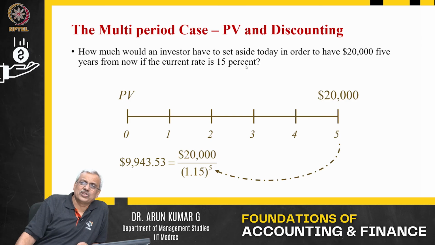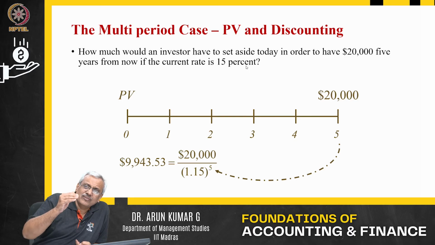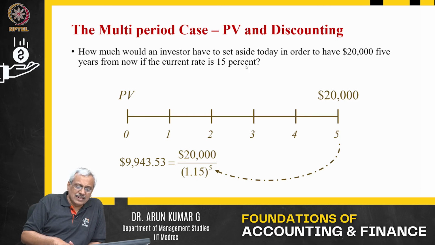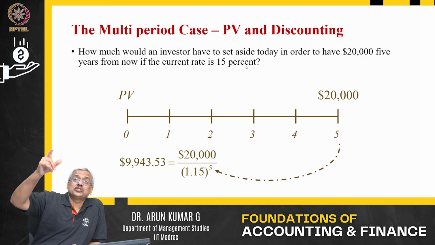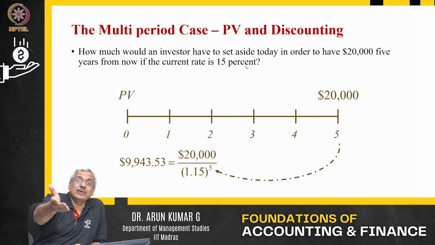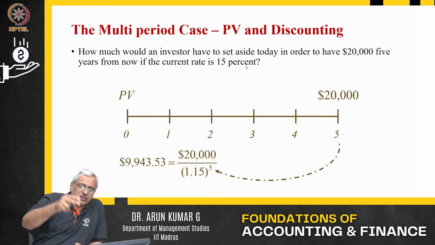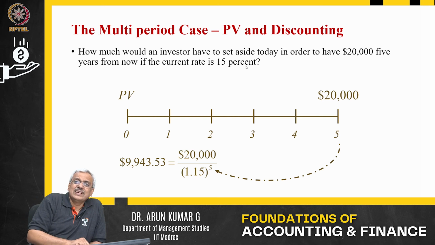So ideally what he should do is buy it at a price which could possibly be lower than 9,943.53. If he buys it at a price lower than 9,943.53, he stands to gain, because his overall return will be higher than 15%. If he buys it at a price above 9,943.53, his expected return will drop below 15%.